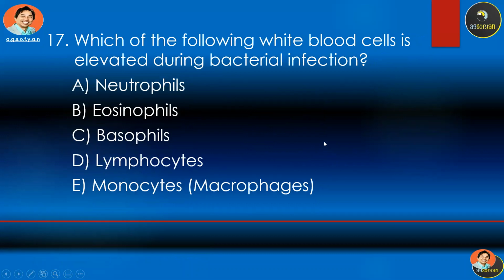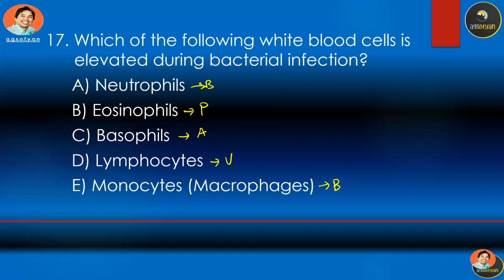Which of the following white blood cells is elevated during bacterial infection? Choose your answer. Okay, remember, neutrophil fights against bacteria, eosinophil is against parasites, basophils are usually for inflammation including allergy, lymphocyte is mostly against viruses, monocyte is also against bacteria.